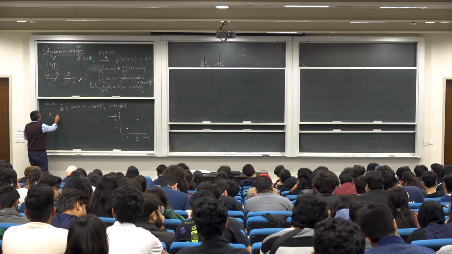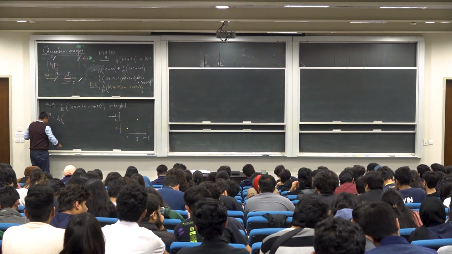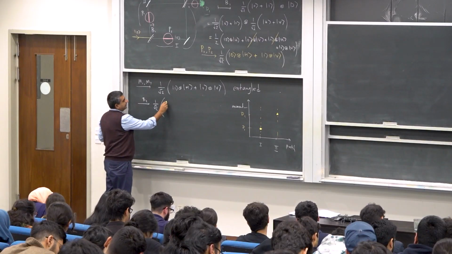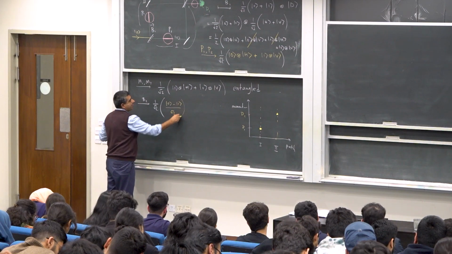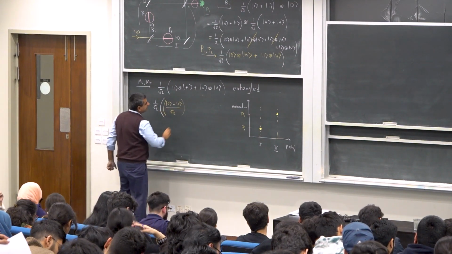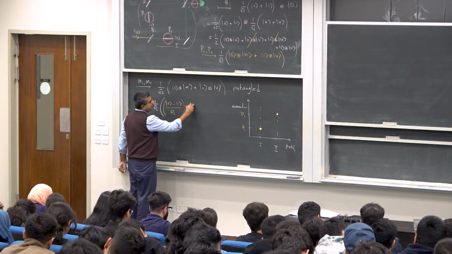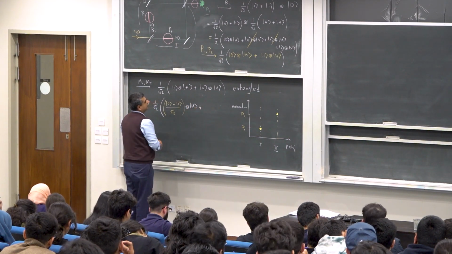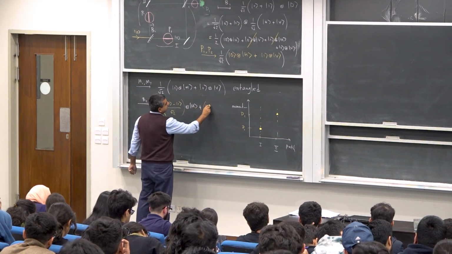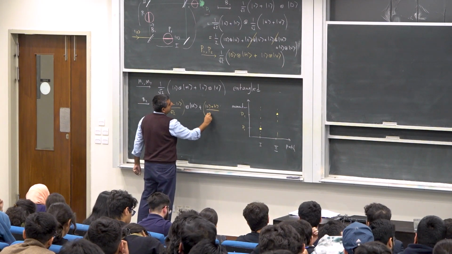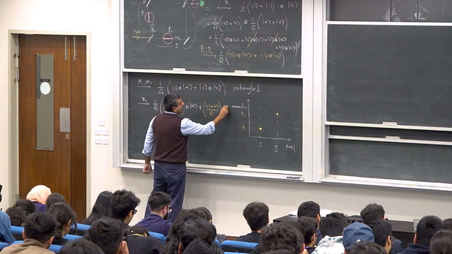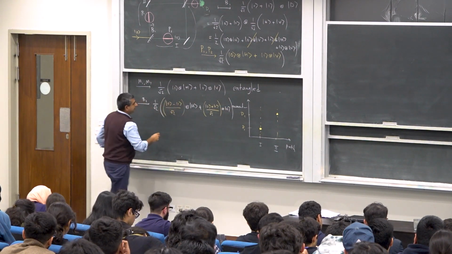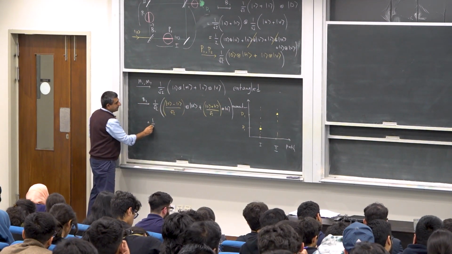Now when the second beam splitter is encountered by this quantum state, let's see what's going to happen. 1 over under root 2, this ket 1 is going to ket 0 minus ket 1 over under root 2. Nothing happens to the polarization, plus ket 0 plus ket 1. These are what beam splitters do. So I just kind of collect similar terms.